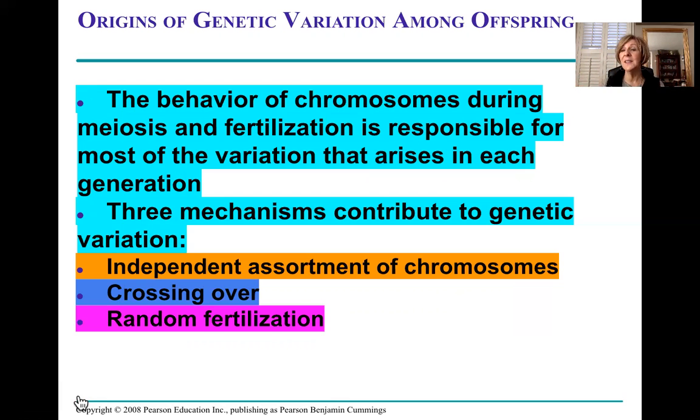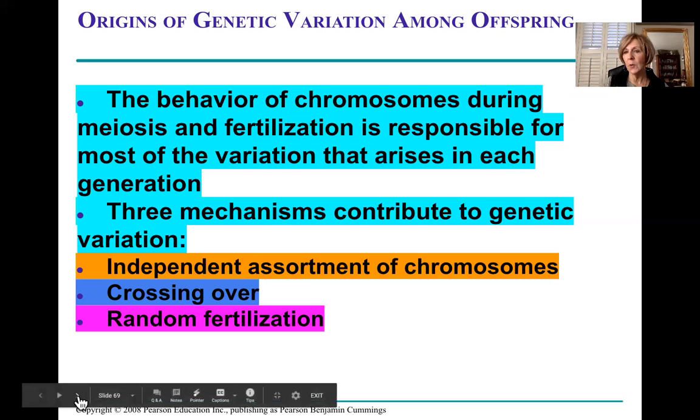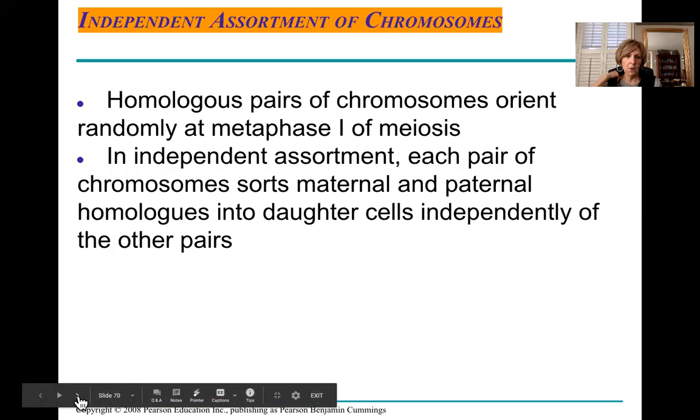That leads to the destiny of where they end up in which gamete. Crossing over, where I have hunks of chromosomes on non-sister chromatids from the homologous pairs exchanging genetic material. And then random fertilization. Since each egg is unique and each sperm is unique, we don't know which egg is going to be fertilized by which sperm, and that is another place where we get variation, all right?